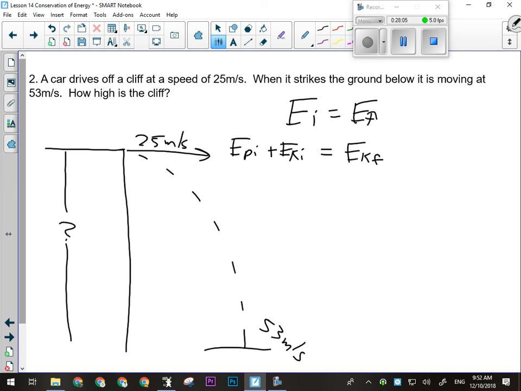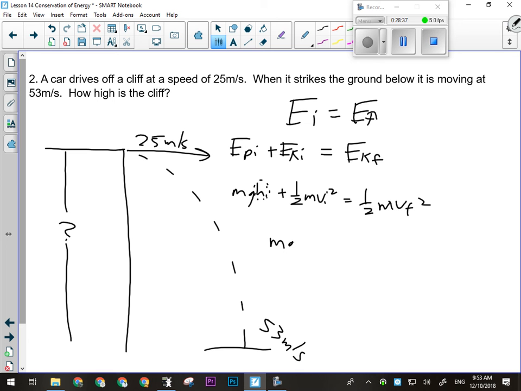So we plug in our numbers: m times g times h initial plus 1/2 m v initial squared equals 1/2 m v final squared. I probably should have moved E_k initial first, but I can do it now, because what I'm looking for is the initial height. So I move 1/2 m v initial squared over by subtracting it.